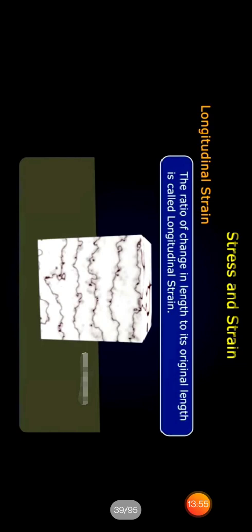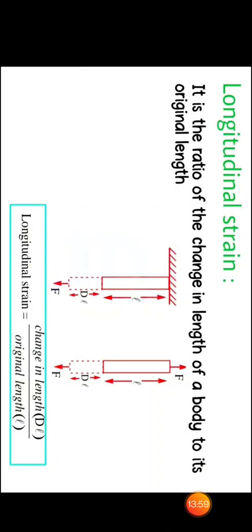First is longitudinal strain. It is the ratio of change in length of a body to its original length. Therefore the formula for longitudinal strain is equal to change in length, that is delta L, upon original length, that is small l.